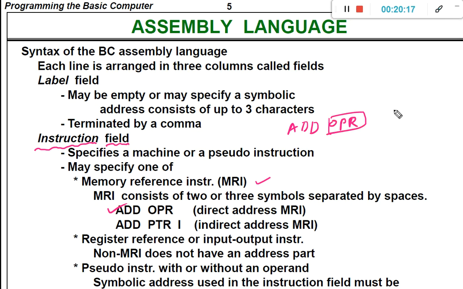In memory, at the OPR location you will have a value, let it be 83, 94, something like that. Using that value, you perform the add operation. We also have the memory reference instruction with the indirect address.